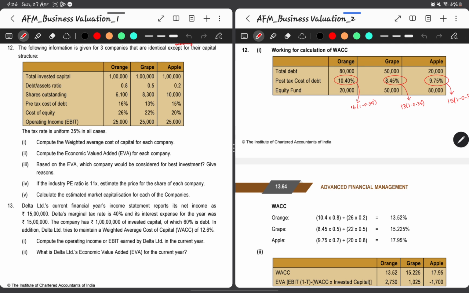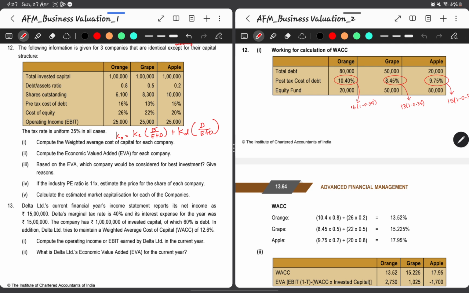So for weighted average cost of capital, the formula will be KO equals KE multiplied by E by E plus D, plus KD multiplied by D by E plus D, wherein KD is the after-tax cost of debt.